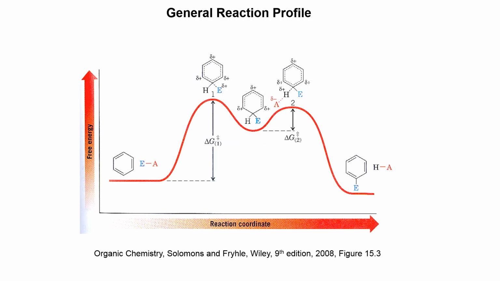Let's have a look at the reaction profile for this reaction to make a little bit more sense of it. So here we can see on the left-hand side our starting materials, benzene and our electrophile. We have to add a lot of energy, the activation energy Ea, to get to the first transition state.